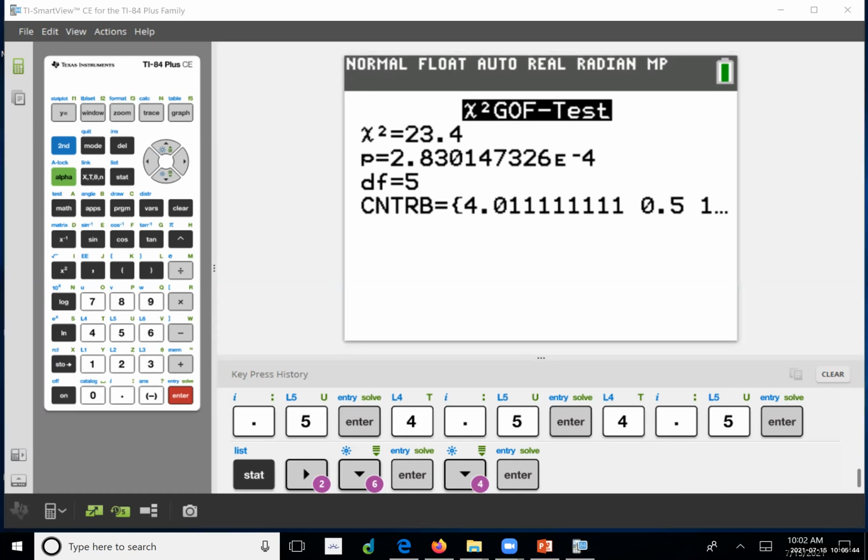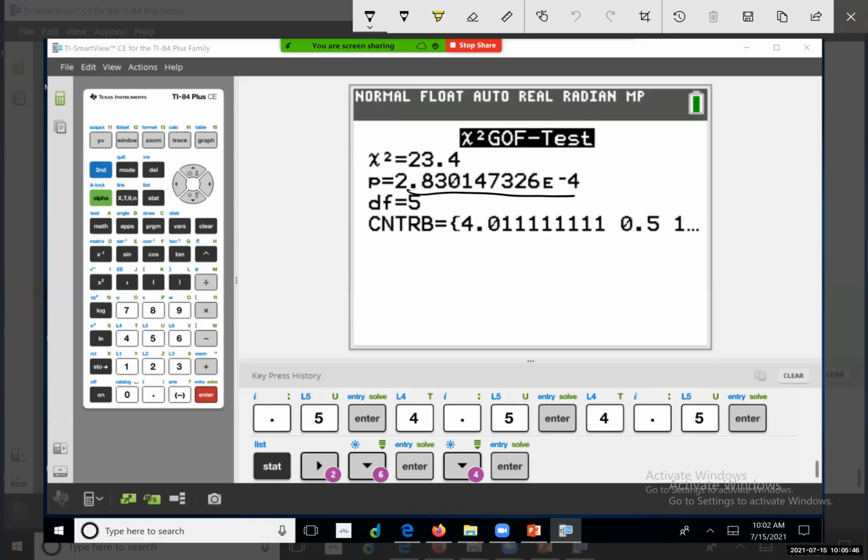It's e to the -4. That means you go backward 4 places. So it's 3 zeros to 8. That's smaller than 5%. So reject the null.